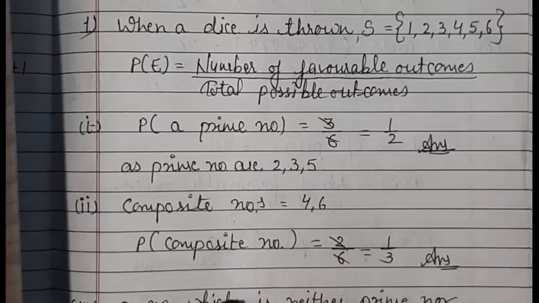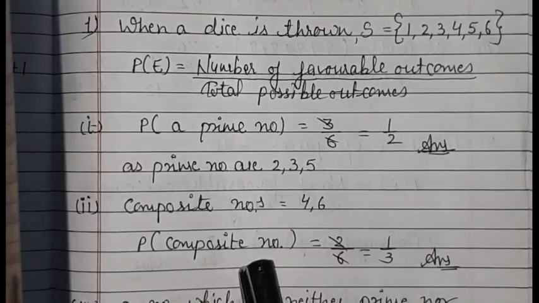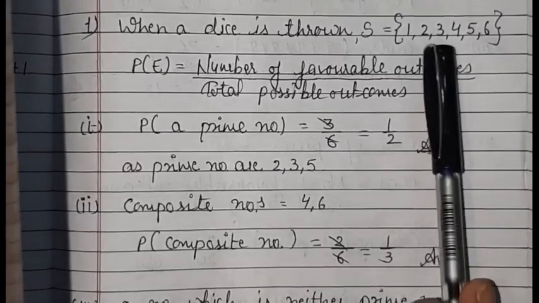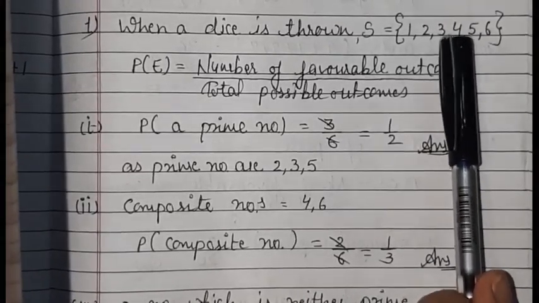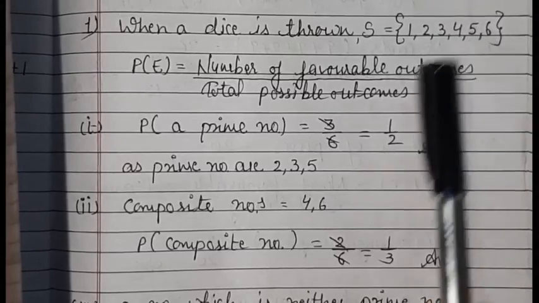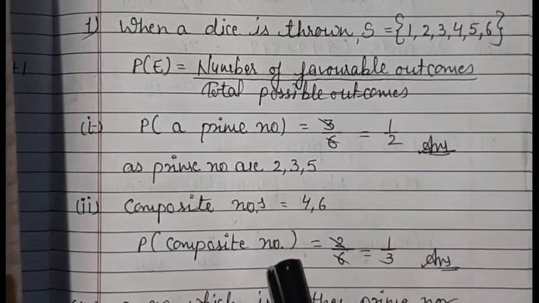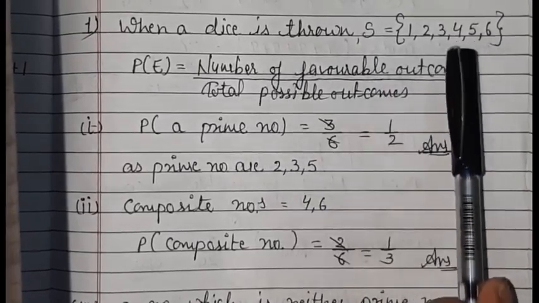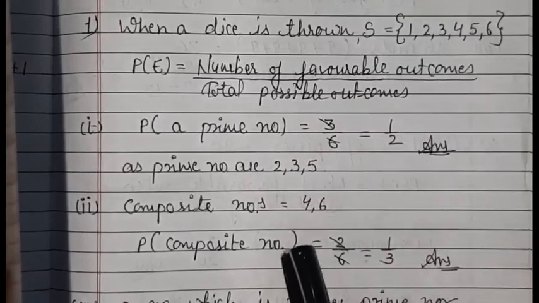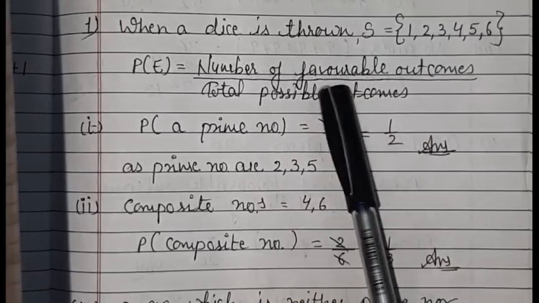Now to calculate the probability of a composite number, here you can see from these 6 numbers, composite numbers are 2, 4 and 6. So the probability of a composite number, using this formula, number of favorable outcomes, which are 2, 4 and 6, so we will write 3 upon total number of outcomes.